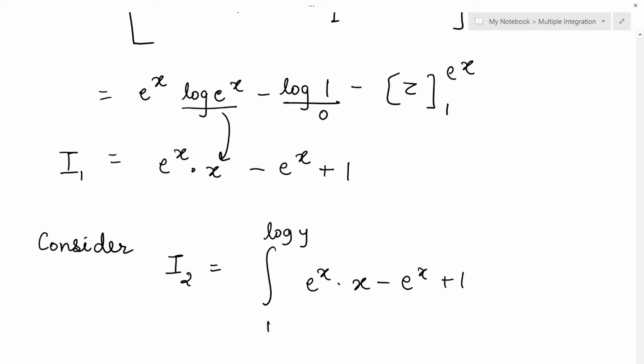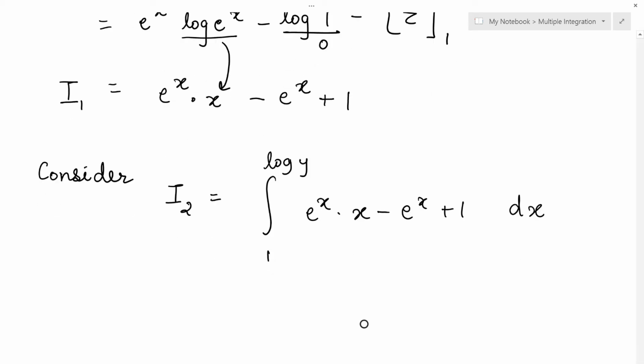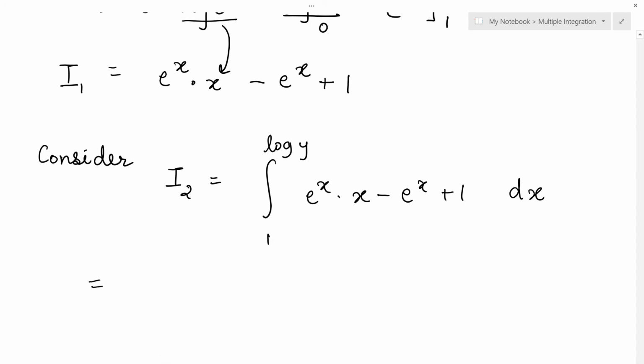And now the integration is with respect to x. Okay, so again by parts we'll have to use. Let me separate this, e raised to x and x minus e raised to x. I'll do by parts. E raised to x integration is anyway going to be e raised to x.